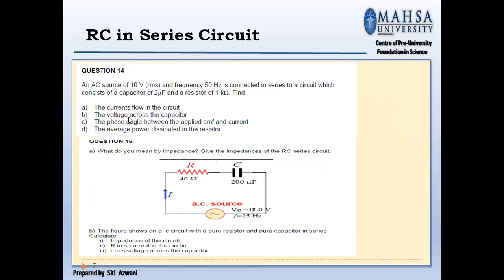Second, you need to calculate the voltage across the capacitor, VC. Then the phase angle, the phi value between the applied EMF and the current. And then the average power dissipated in the resistor.